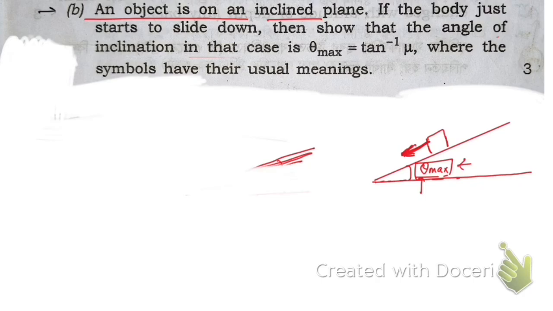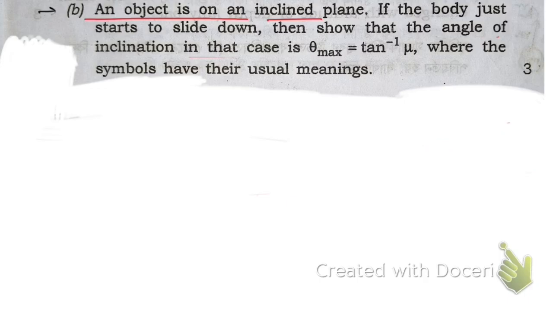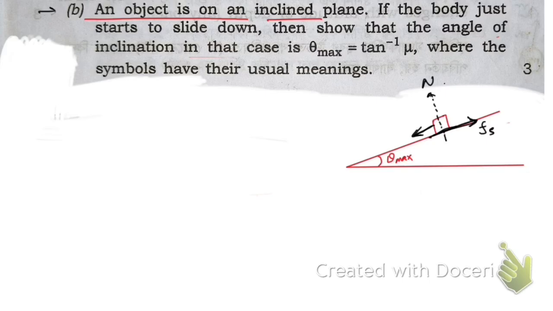So now you see here, just let me redraw this diagram. So here is the object, and this is theta max, right? And the normal reaction force will be in this direction, perpendicular to this surface. This is the normal reaction force, and as it slides down, the force of friction will be acting in the opposite direction, Fs.